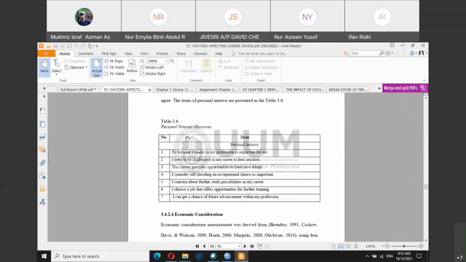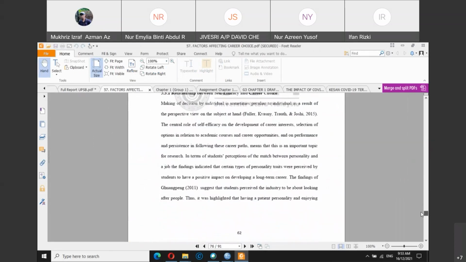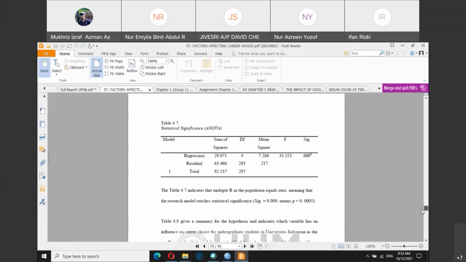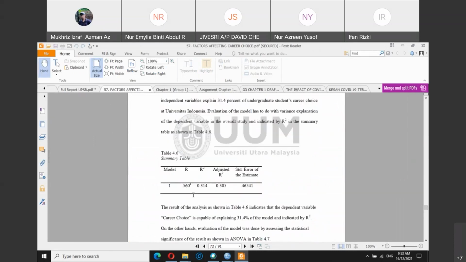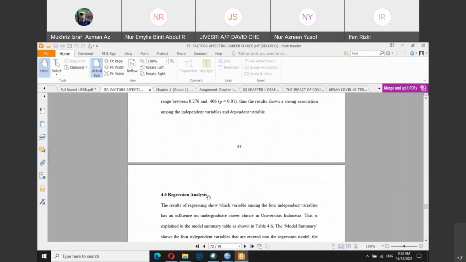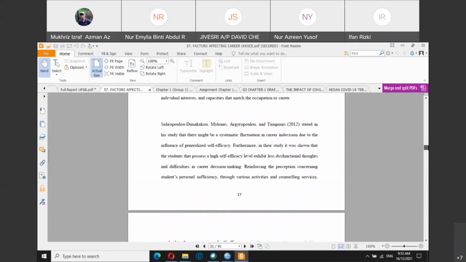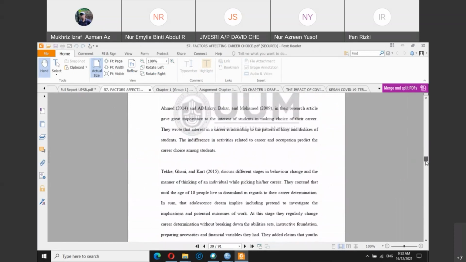For this particular thesis number 57, the student, I think, relies on ANOVA, but the student also relies on regression. You can see here why the student relies on regression: in this particular thesis, the student defines dependent and also independent variables.